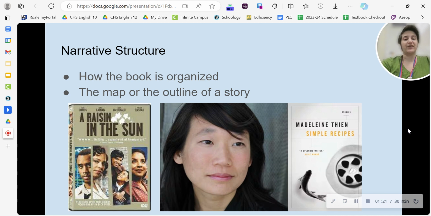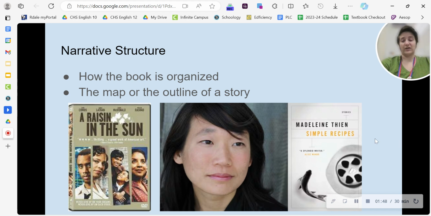Simple Recipes, on the other hand, is mostly focused on a main narrative, but Theanne also jumps forward to her perspective as an adult, thinking back to her childhood. So we get glimpses of her as an adult and a main story of her as a child. And the story jumps around a bit more. It's not as straightforward and linear as A Raisin in the Sun.